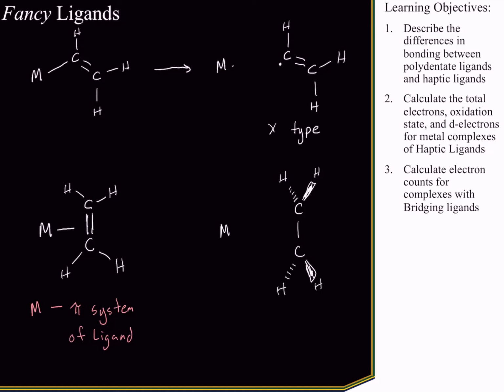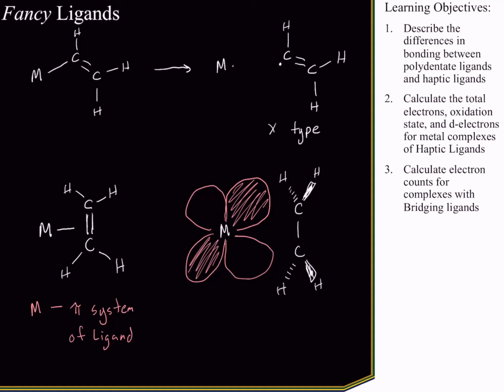On our metal center, we have our d orbitals, right? So we go back to the pictures of our d orbitals. Kind of looks like our good old Mickey Mouse ears until we're actually done drawing it. So we have d orbitals on our metal, and these can actually interact with the entire pi system of our ligand. We want to go back and review what sigma and pi bonds look like.